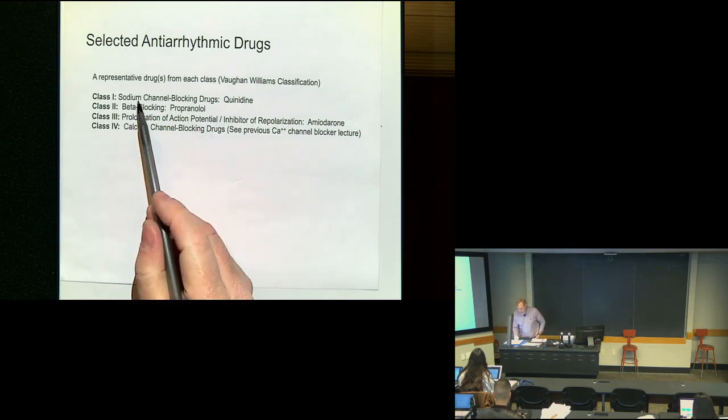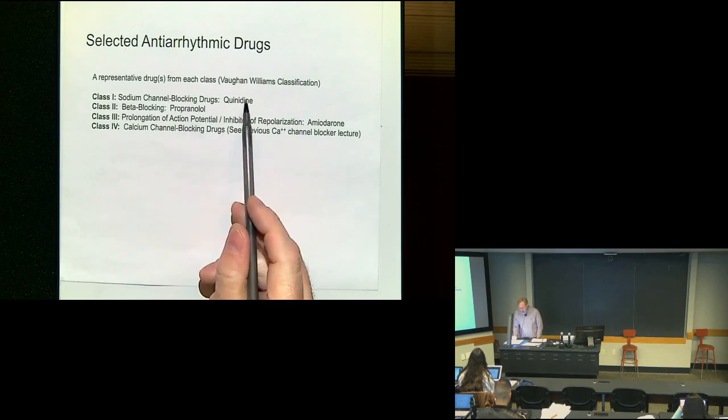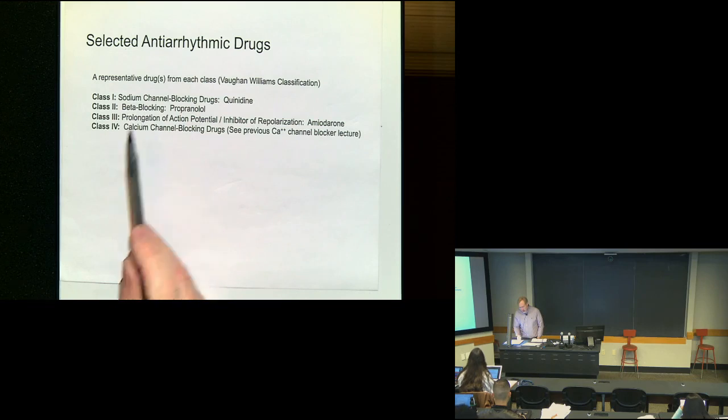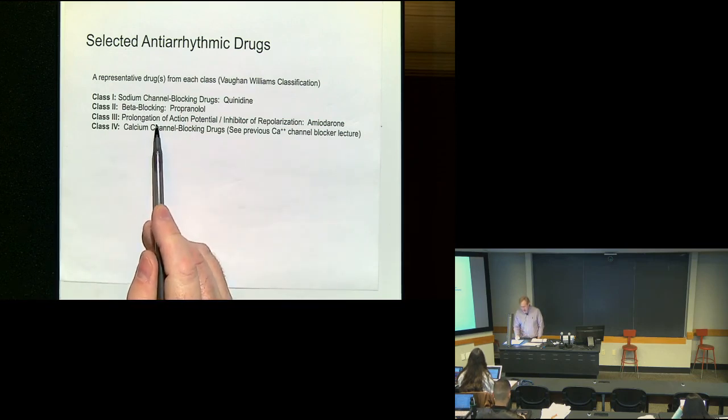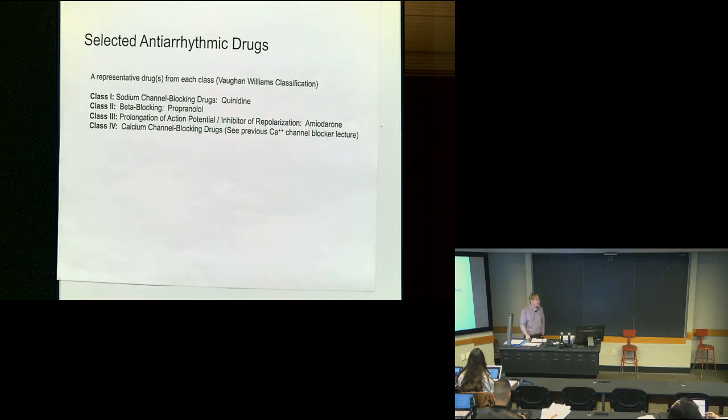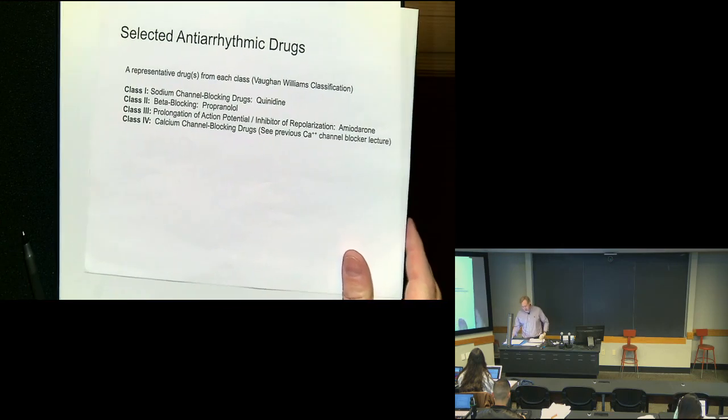I'll talk about one in the sodium channel blocking class, quinidine. I'll talk about a few more actually in the beta blocking class. Those in the class 3, amiodarone, and then some improvements that are being made on that. And the fourth class we covered already with the calcium channel blockers. So I'll just refer you to a previous lecture.